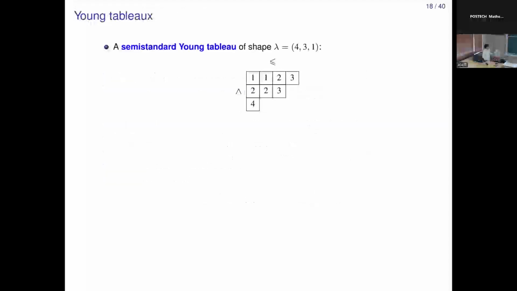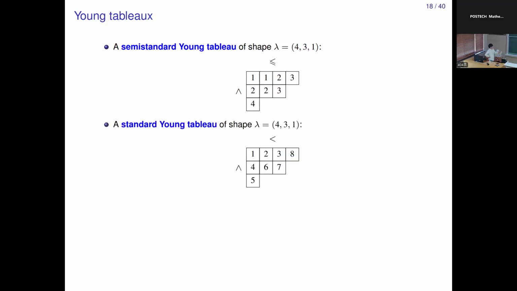Okay. Now I'm going to do some combinatorics. A semi-standard Young tableau of shape lambda, for a partition lambda, is a filling of the Young diagram with positive integers with these properties. If you read every row, it must be weakly increasing, and if you read every column, it must be strictly increasing. Just like this.